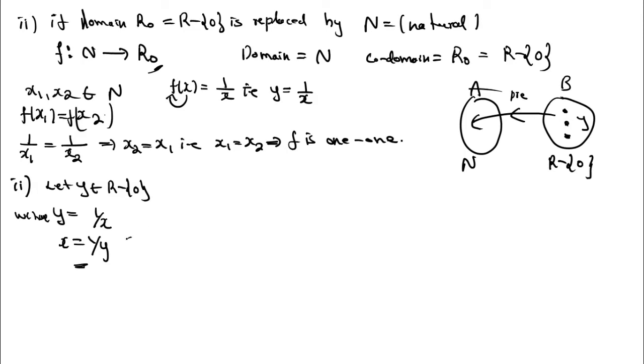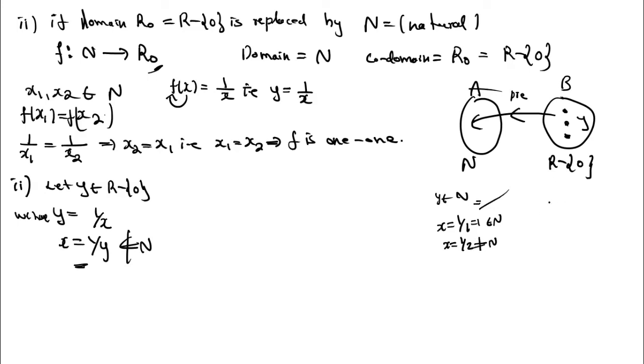Here I will write it does not belong to natural numbers, because suppose y is a natural number in the codomain, then see what x is. You will get 1 by 1, then x equal to 1 by 2. 1 by 1 equal to 1 belongs to N, that is proved. x equal to 1 by 2 does not belong to N.